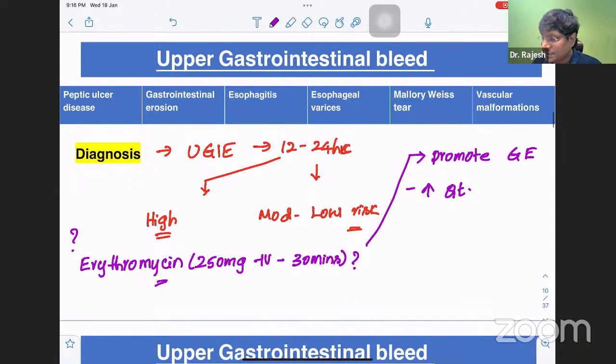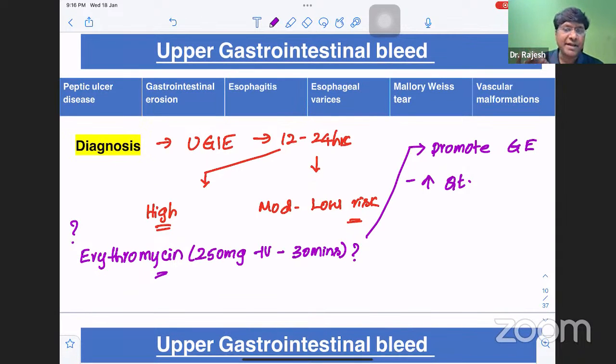Okay, next. In any upper gastrointestinal bleeding, what you have to administer first once the patient presents to the emergency department is, depending upon the volume resuscitation or volume levels, IV fluids. Followed by that, you should administer continuous intravenous proton pump inhibitor therapy before doing endoscopy.